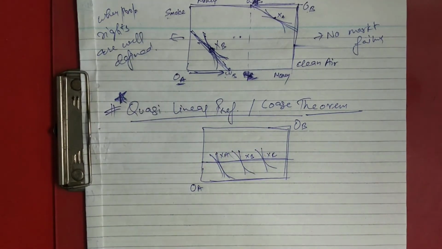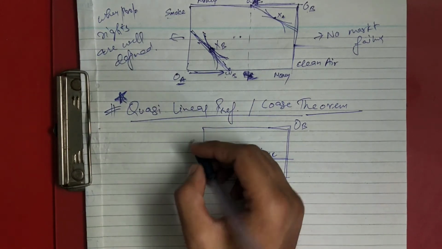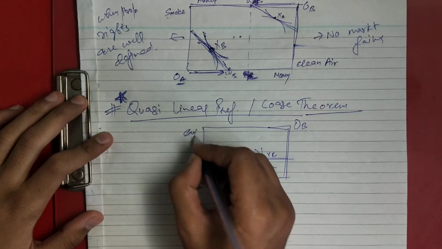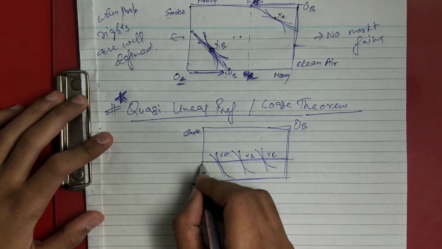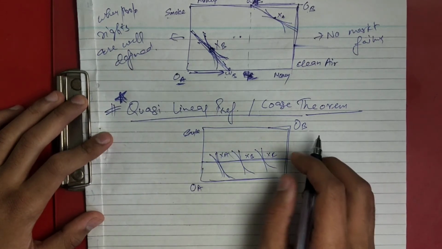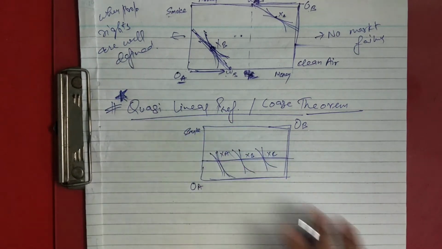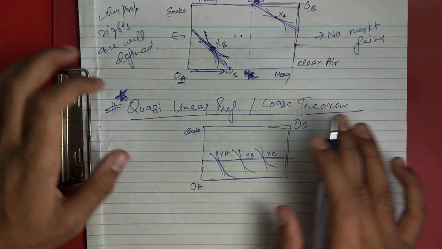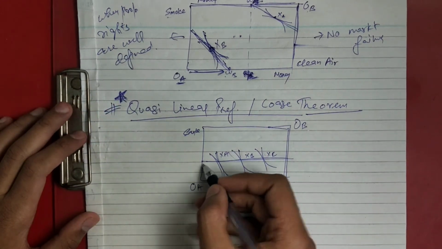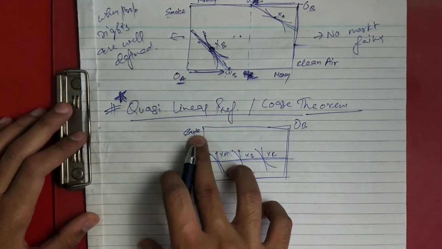Because in this case, irrespective of the distribution of wealth, it is already defined that this level of smoke and this level of clean air should be there in the room. It is already defined, because this is the case of quasi-linear preferences: irrespective of the income level, you cannot change the consumption of the non-linear product.